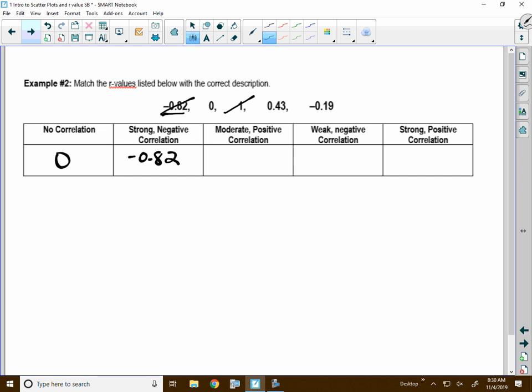Oh, sorry, we haven't used one yet. A moderate positive: 0.43. Good. Our weak negative. Good. And then that leaves our strongest positive, which is 1. So again, the closer you get to 0, the weaker it is.